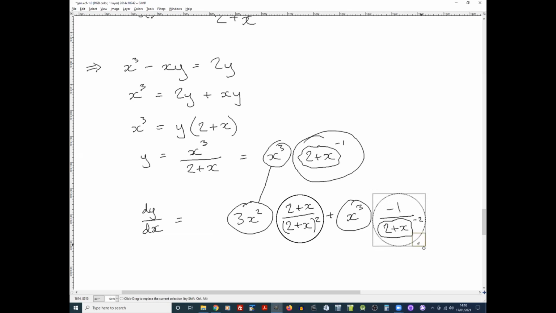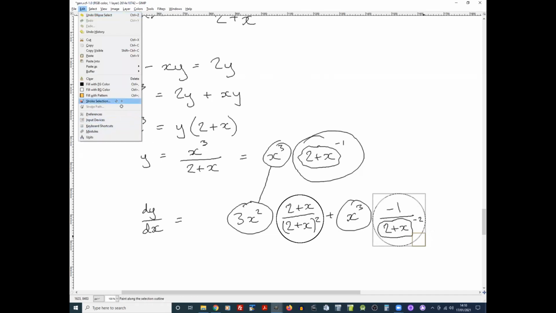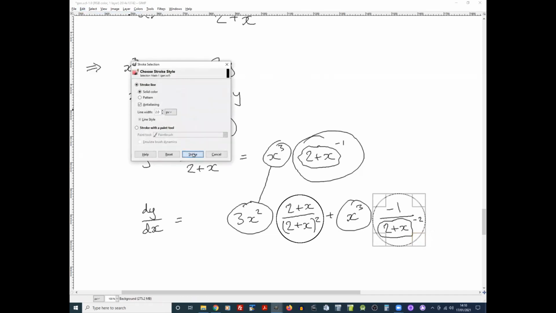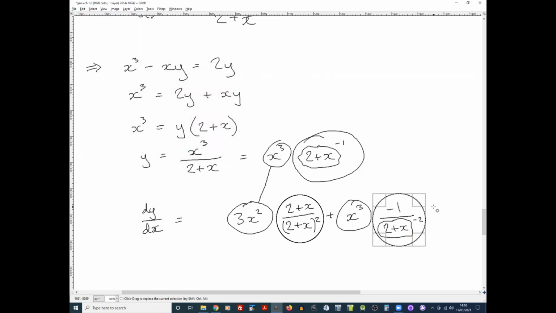There is no inner function. Well, there is, but its derivative is 1, so there isn't. I take your point. So the derivative of that is just minus 1 over, oh, and I shouldn't have a minus there, did I?